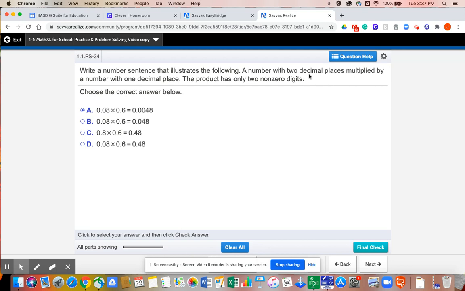So what am I looking for? 2 decimal places multiplied by 1 decimal place. That's that and that. And only 2 non-zero digits. So that would be this one.